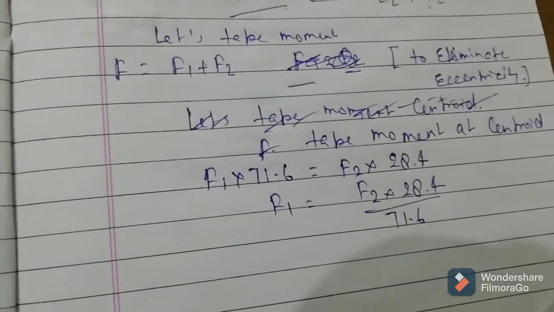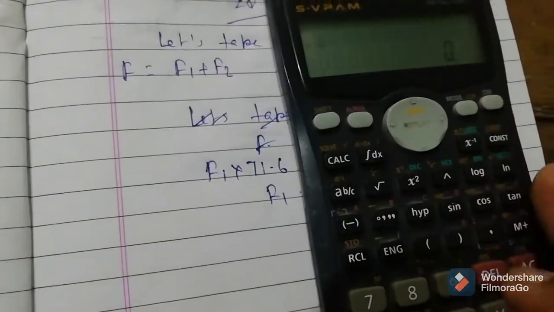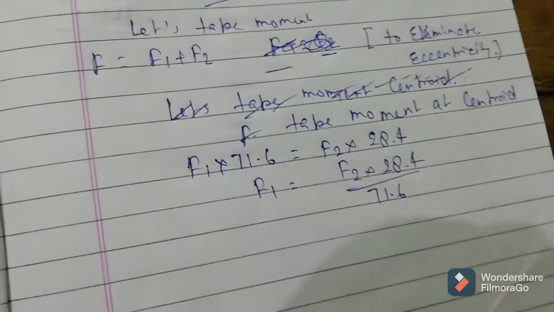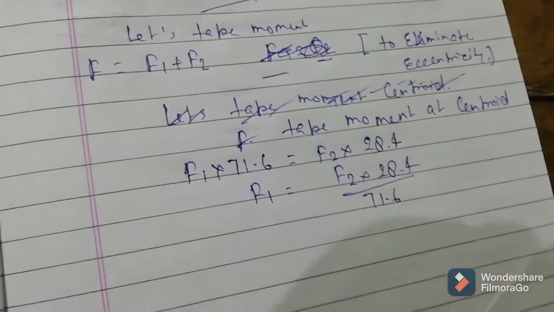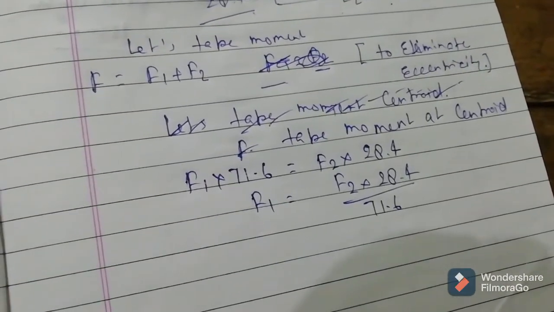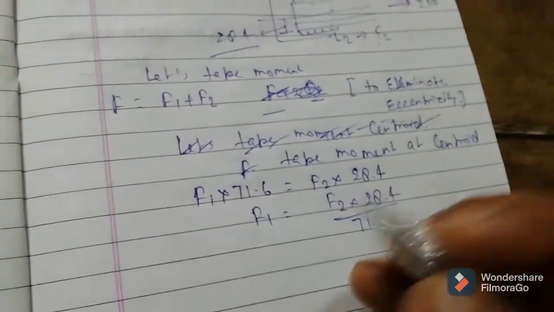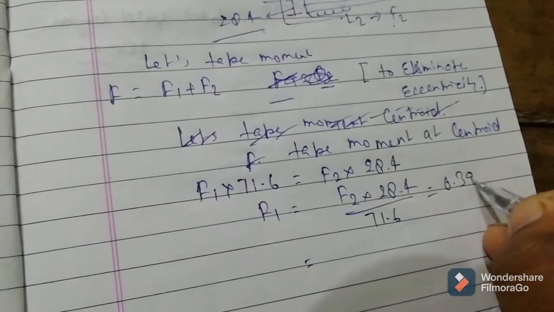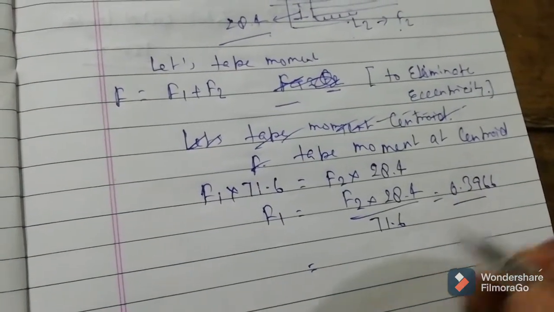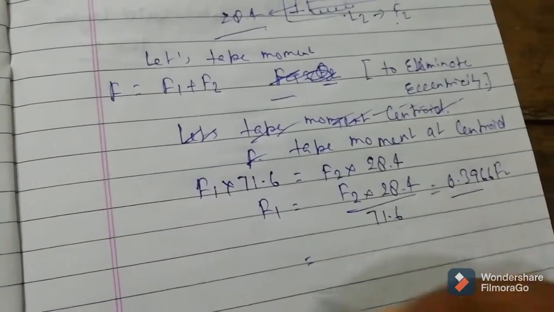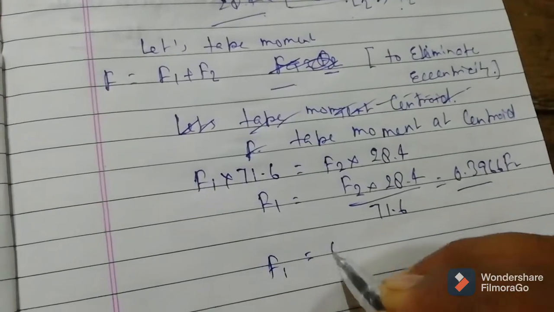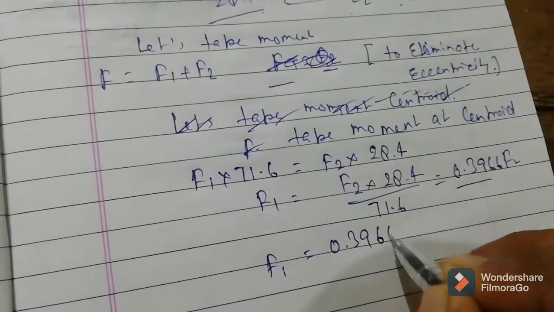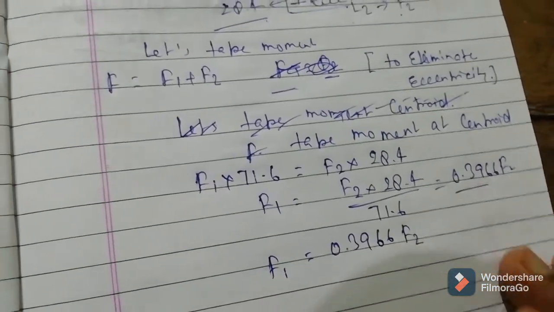So now 28.4 by 71.6 equal to 0.3966, so you can write F1 equal to 0.3966 F2.